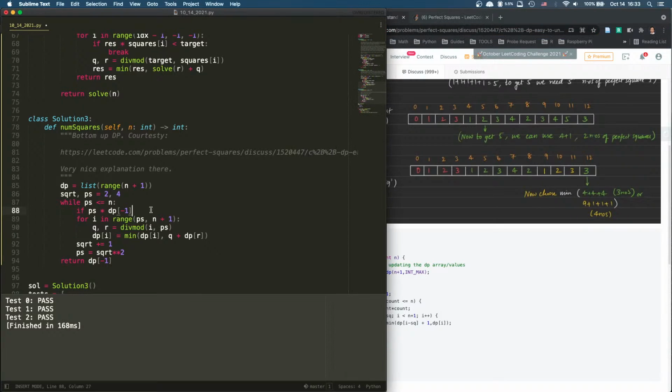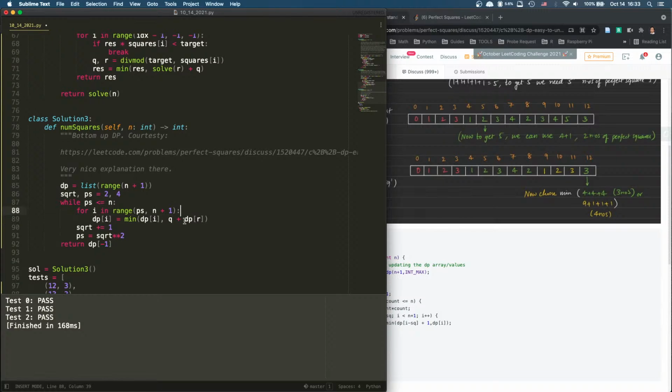Maybe that one causes time. Okay. Try not to do div mod then. Yeah, it's the same. Like we say, we take. Yeah, okay. It actually makes more sense to do dpi minus perfect square, right? So I minus perfect square is the previous value.